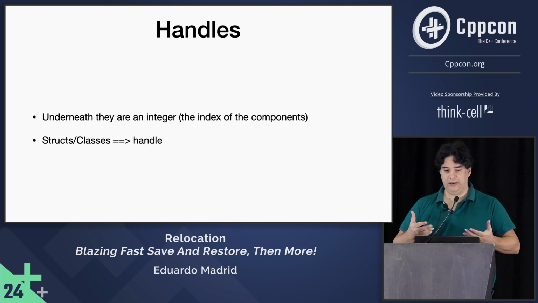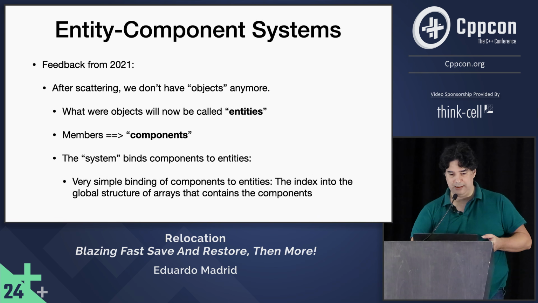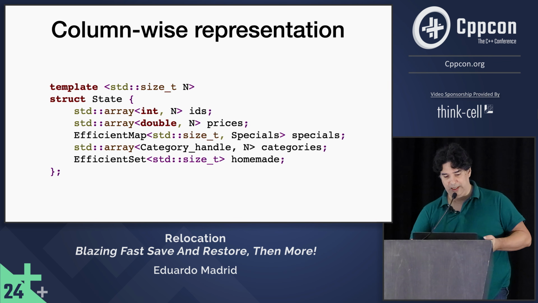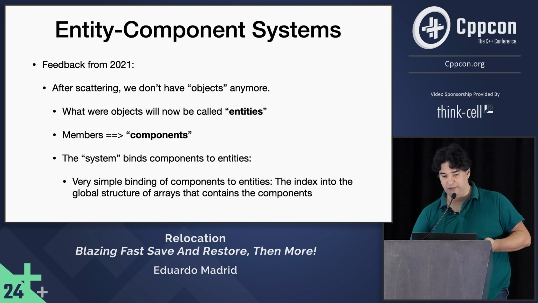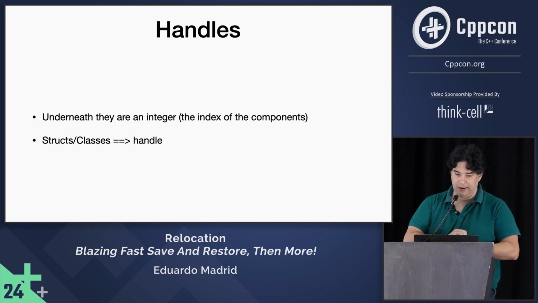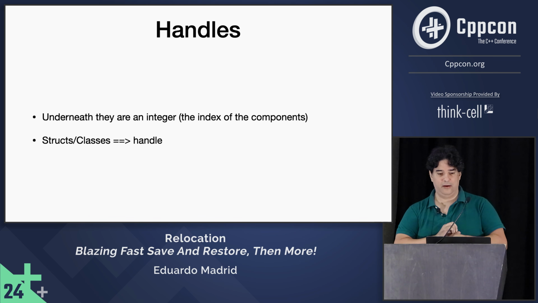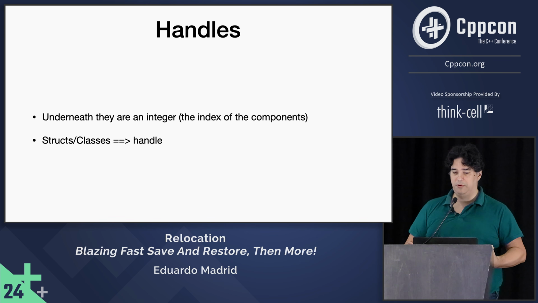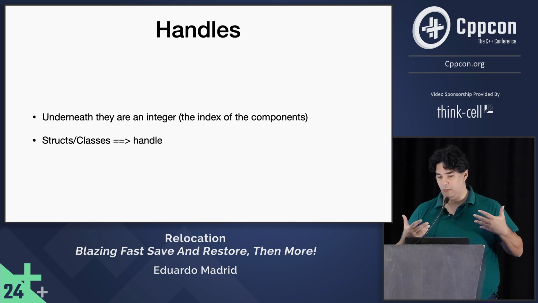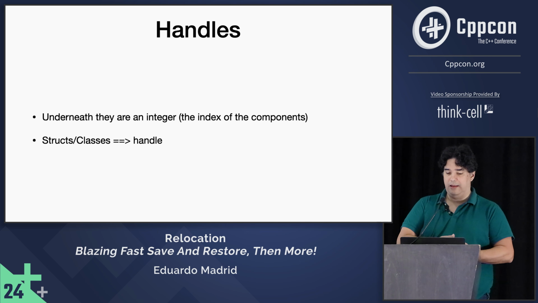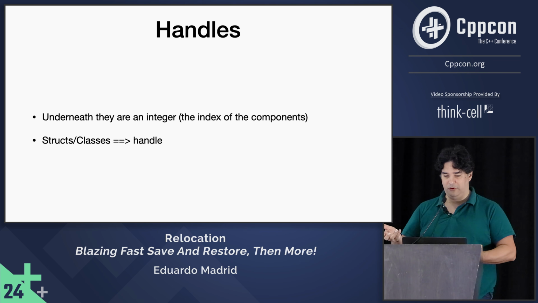And the abstraction that we need, that I smuggled into this slide because I am having an array of category handles, is what I explained 3 years ago as the generic programming concept of a handle. And what is a handle? Underneath it is just an integer, which is the index to the components.